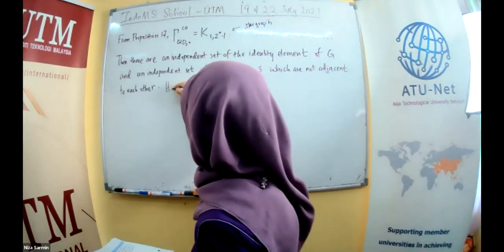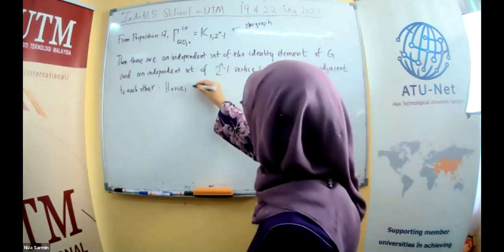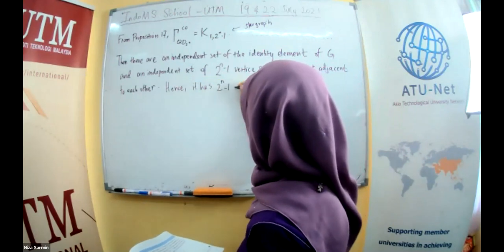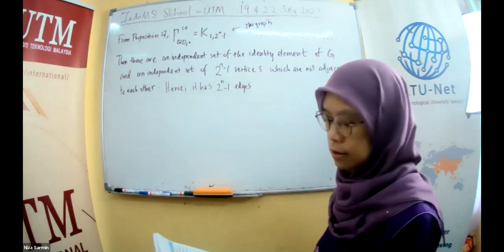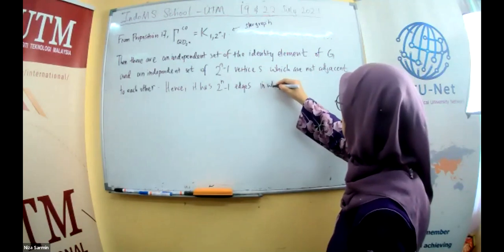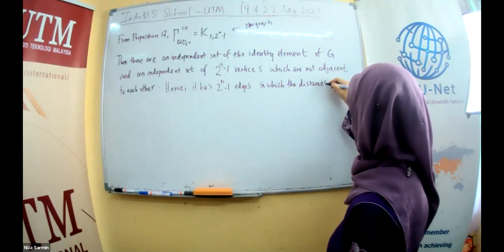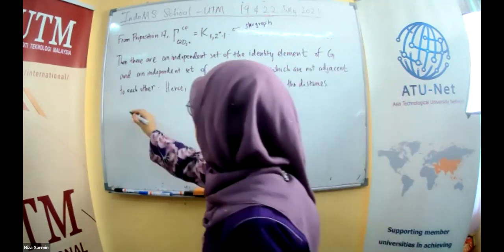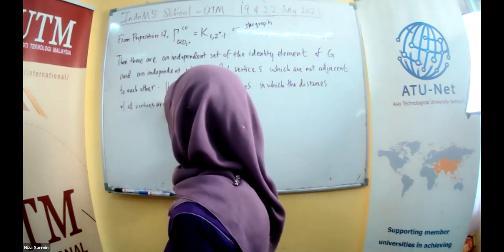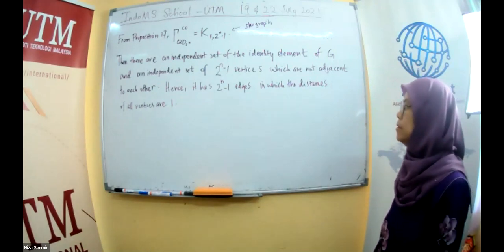Hence, it has 2 to the n minus 1 edges, in which the distances of all vertices are 1, right?